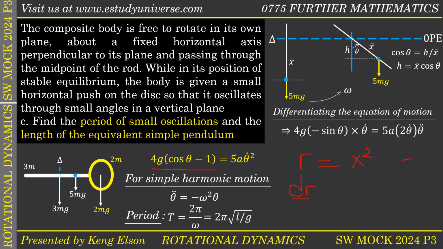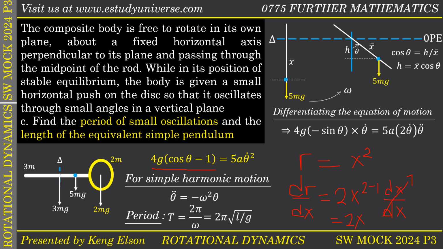To find dr by dx, you need to drop the 2, then you take x raised to the power 2 minus 1, then you also differentiate x with respect to itself. That's basically what is always done, but because when you differentiate x with respect to itself you get 1, at the end of the day you're just going to have 2x.